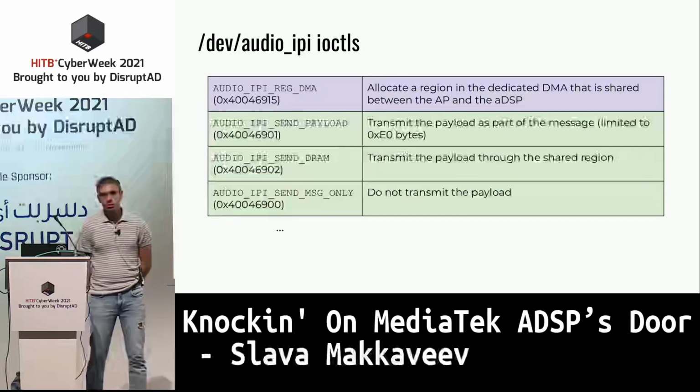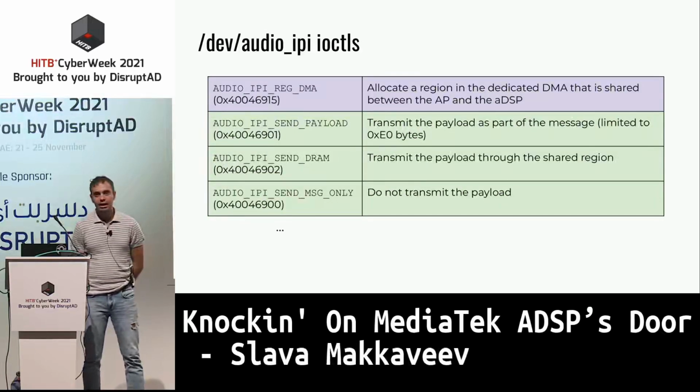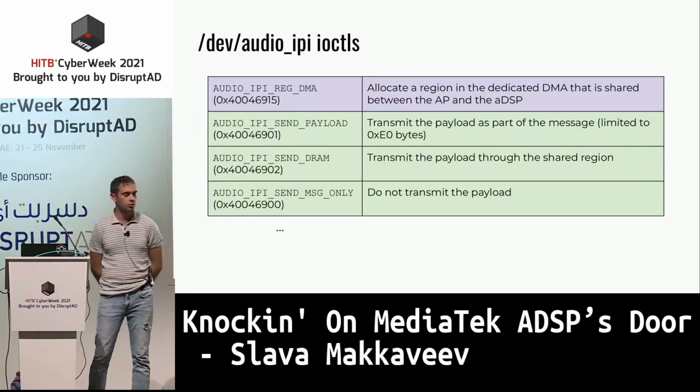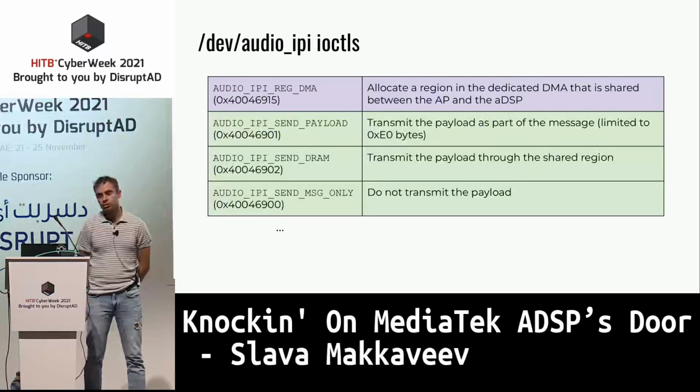In my test POC code, I dealt with the driver ioctls directly without additional wrapping. On the slide, you can see the ioctls that are most interesting for this study.